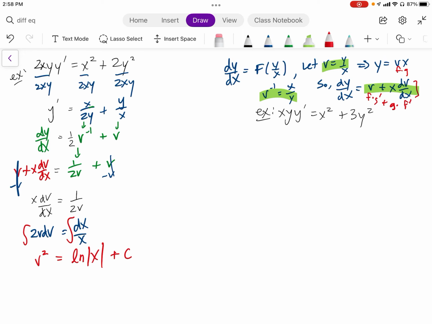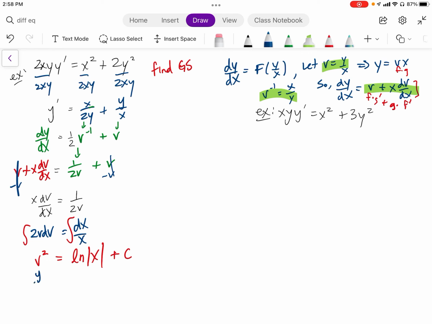And remember, our original problem had x's and y's. We're trying to find the general solution, I didn't even say that, my bad. If no initial conditions or any conditions are given to find a particular solution, it's usually implied you're finding the general solution, which just means we don't know the constant. But the original problem had x and y, so I do need to go back and make that substitution. v is y over x.